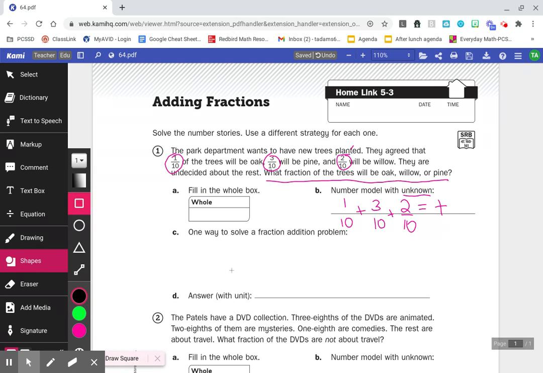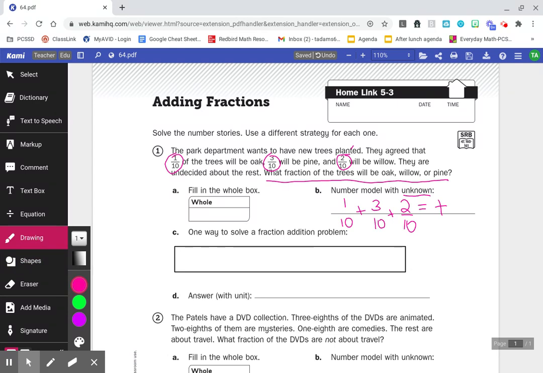To show how to solve this problem, instead of drawing a circle like I have before, I'm going to use a rectangle. I'm using a rectangle because it's easier for me to divide and see the 10 pieces. So I am making 10 sections on my rectangle.